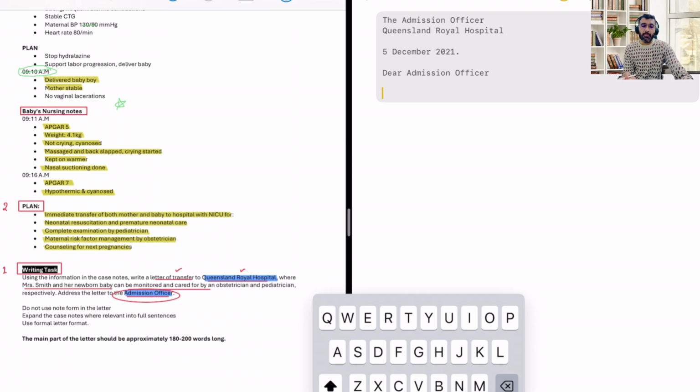So we'll write the names of both the patients. Like this: RE, Mrs. Julia Smith, date of birth 21/10/2000, and her newborn baby. We don't need to write the date of birth of the newborn baby, as "newborn" shows that the baby is newborn.